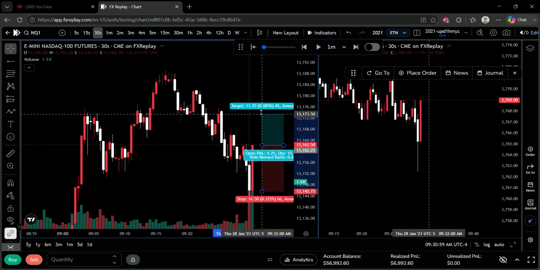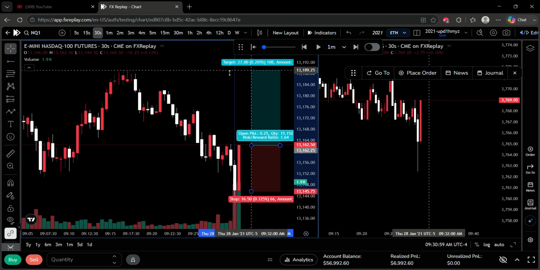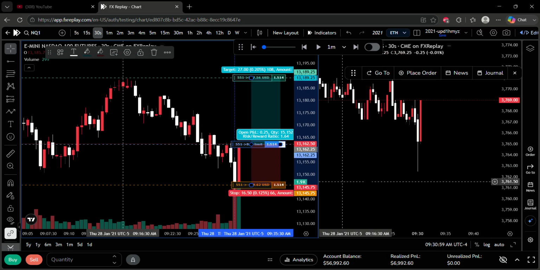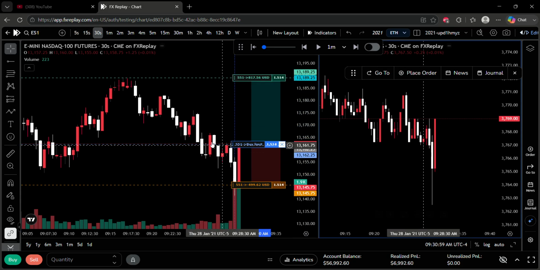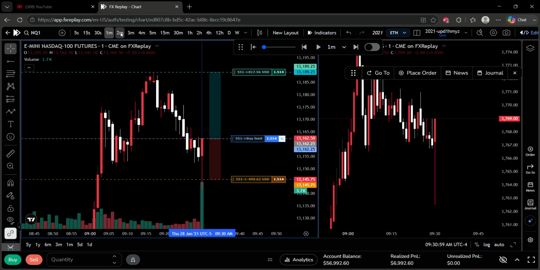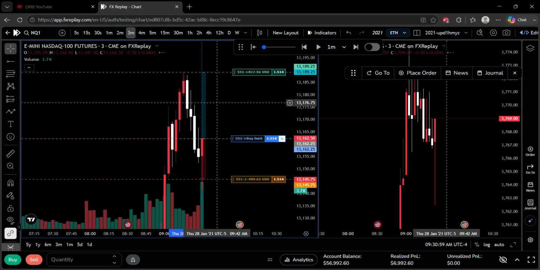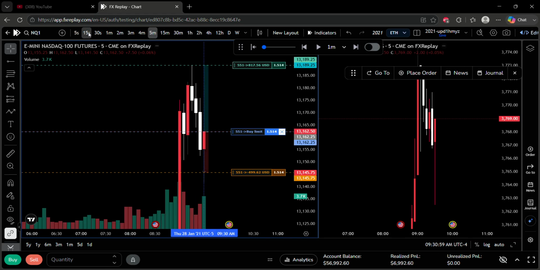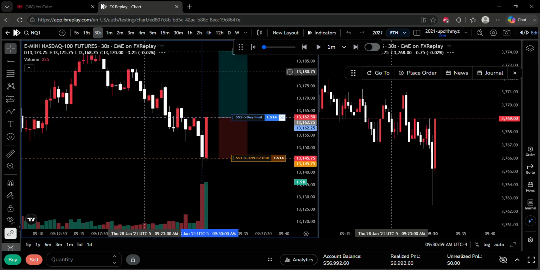Might stop there. Probably just target right here. Yeah, that is beautiful. Alright, where would I go break even? I won't go break even on this trade.